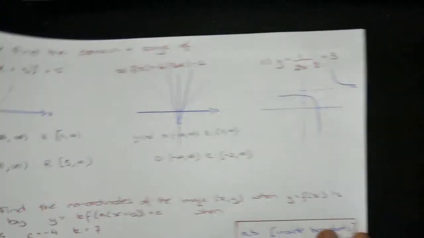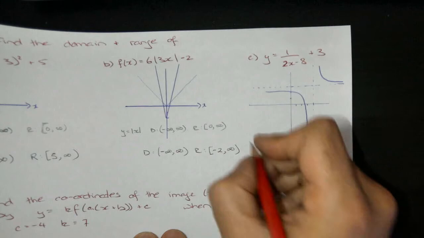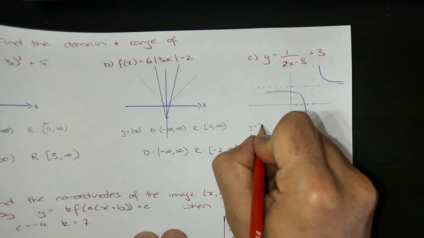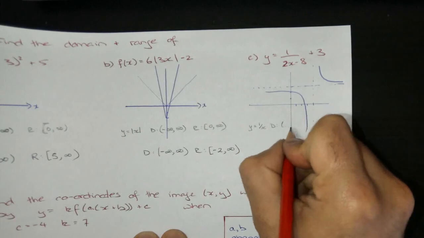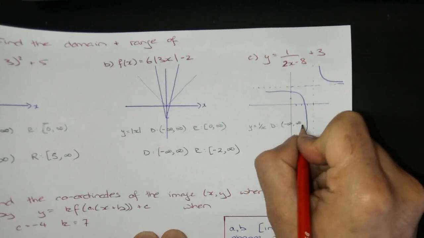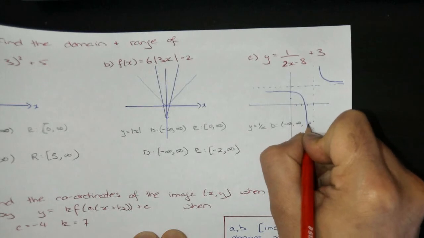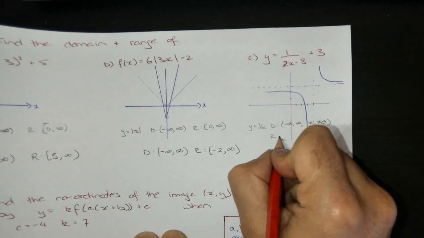Alright, here we have 1 over x. The domain for that is from negative infinity to infinity, but x cannot equal 0. Yeah, and the range was the same.